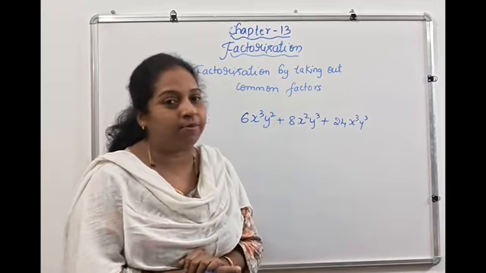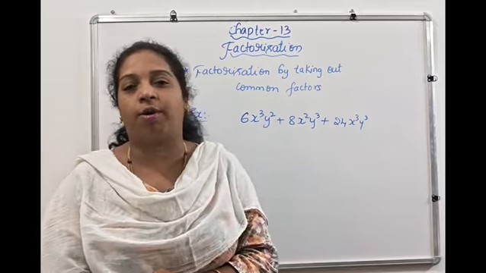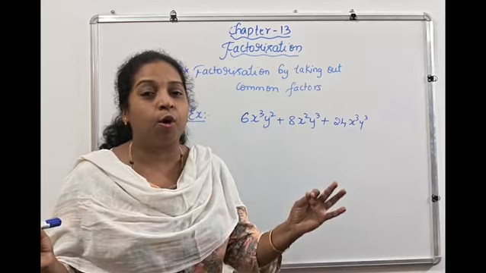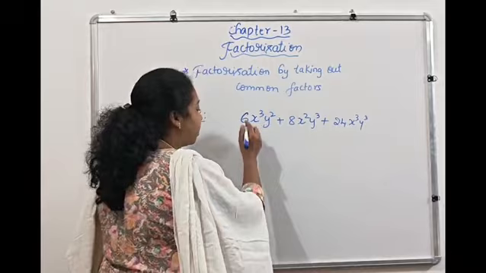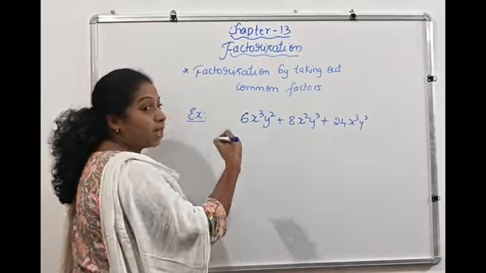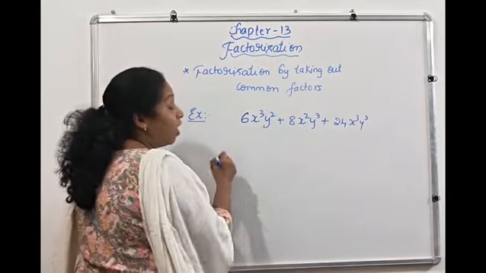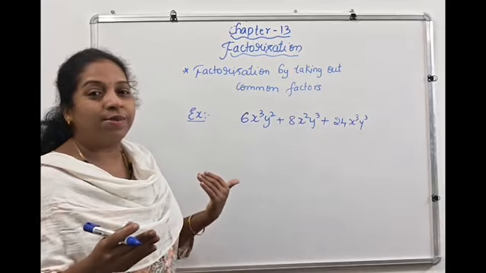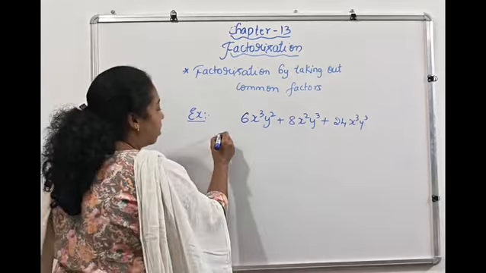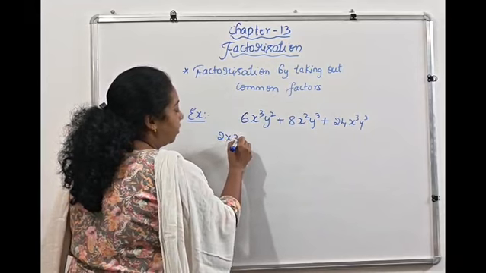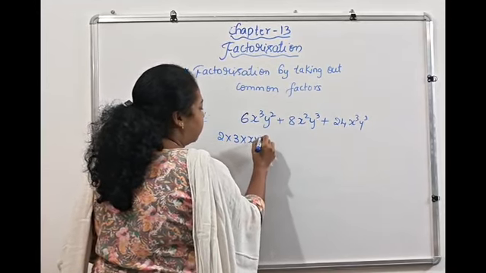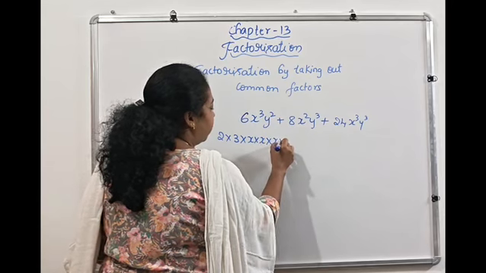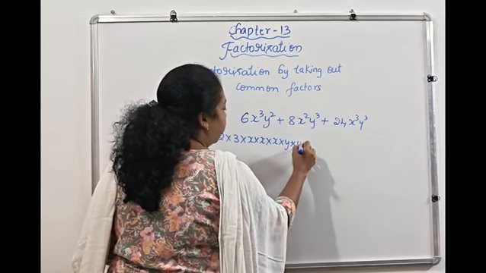So what is the first step to taking out common factor? The first and most important step is we have to split the factors. 6 I can write as 2 into 3, where we have to use prime numbers. So 2 into 3 into x 3 times into y.